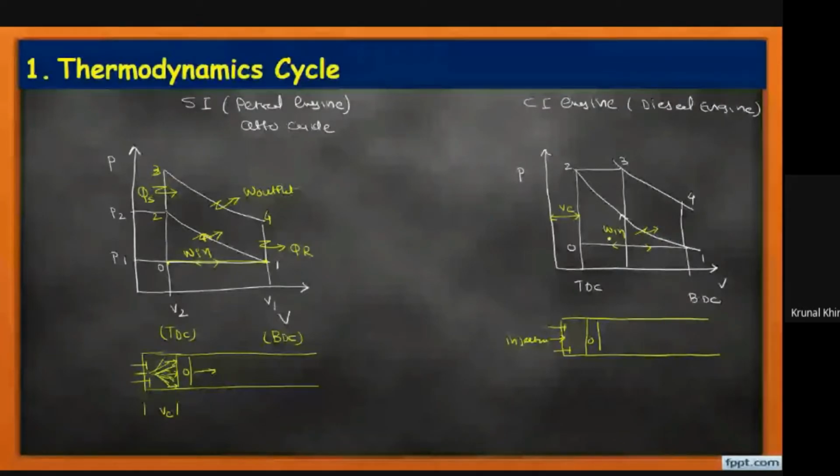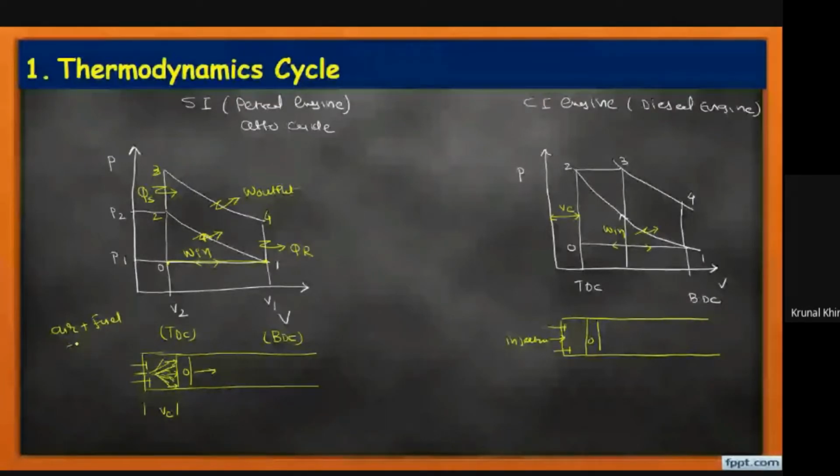Here in the Otto cycle, at the starting of the suction stroke, the air plus fuel, that is petrol, this mixture enters inside the cylinder.